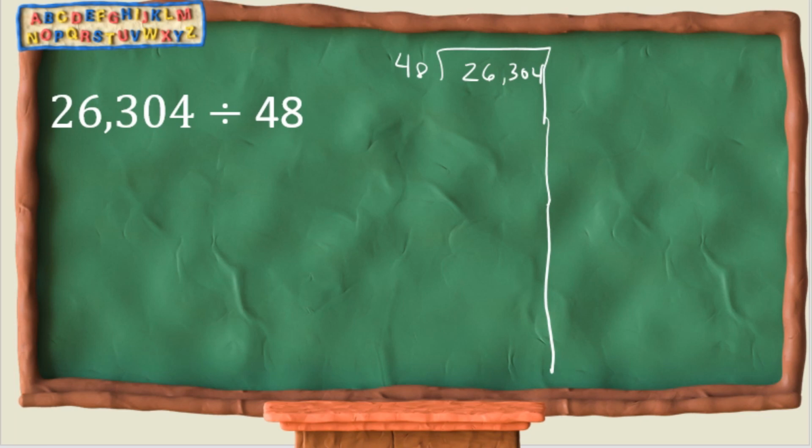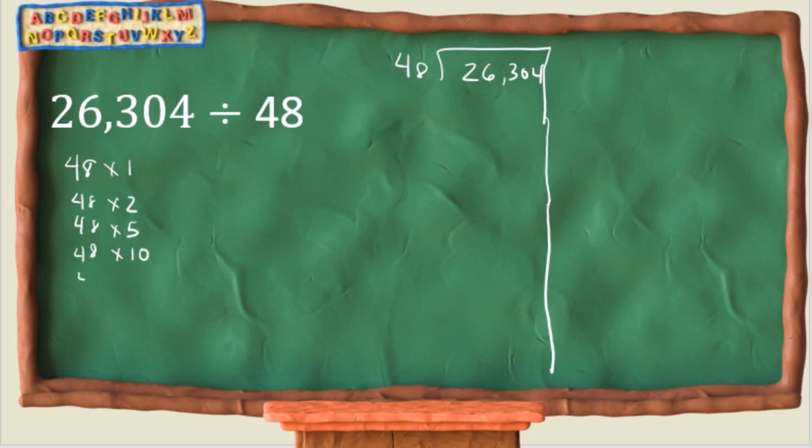Okay, so now I need to find the factors for 48, or the multiples rather. 48 times 1, 48 times 2, 48 times 5. And for this, because I see that it's 26,000, I'm going to need some really big numbers. Actually, let's not skip. Let's continue.